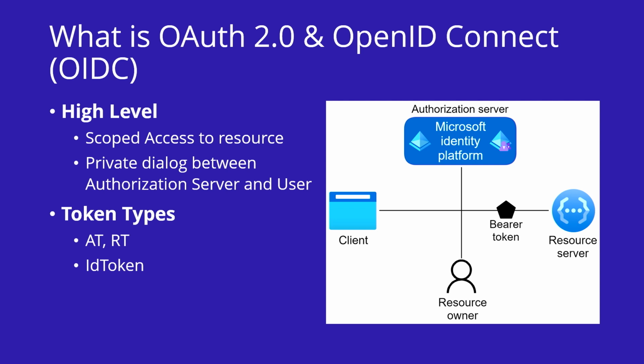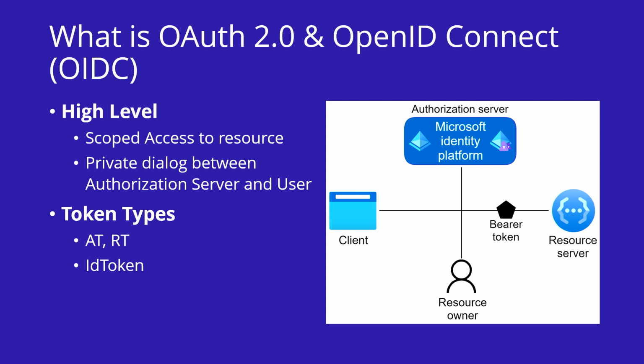The authorization server gives back a URL which pops up a web dialog box, and the resource owner, that is the end user, enters the username and the password in it. That username and password goes directly to the authorization server, and it does not go to the client. It does not go to the app.